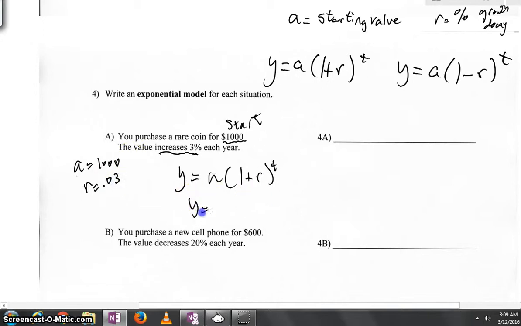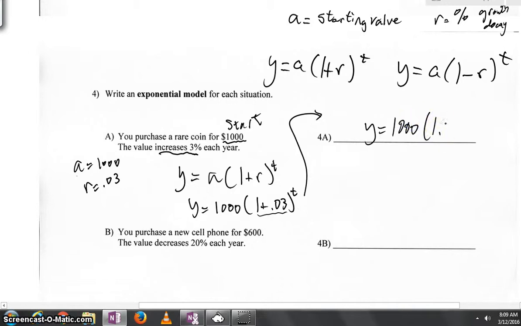So y is going to be 1,000 times (1 plus 0.03) raised up to the t power. And 1 plus 0.03, of course, is just going to become 1.03.